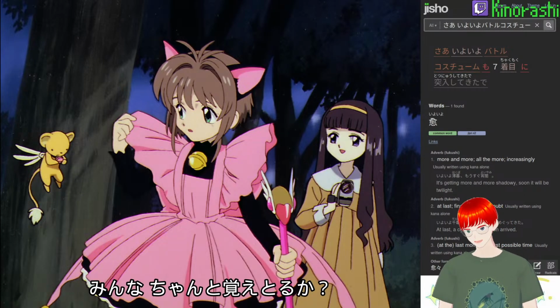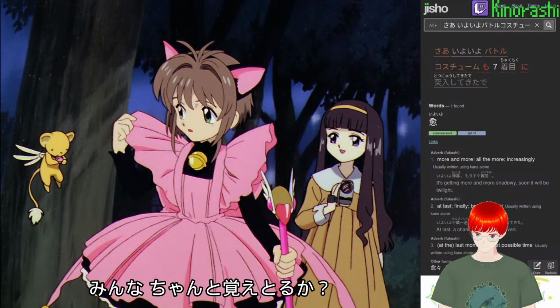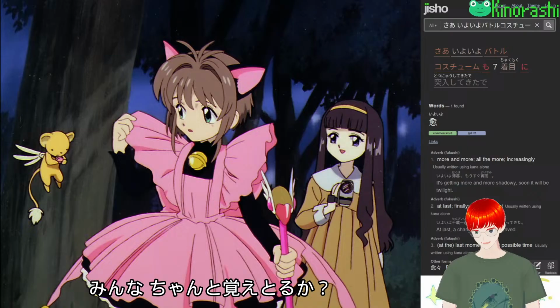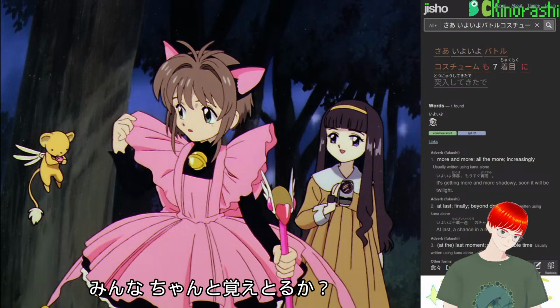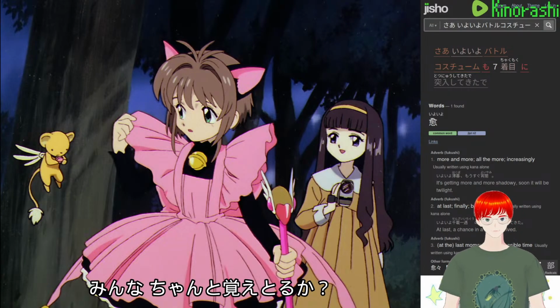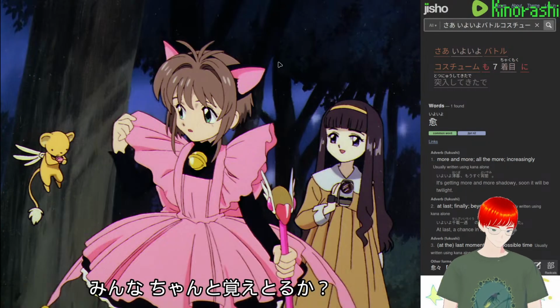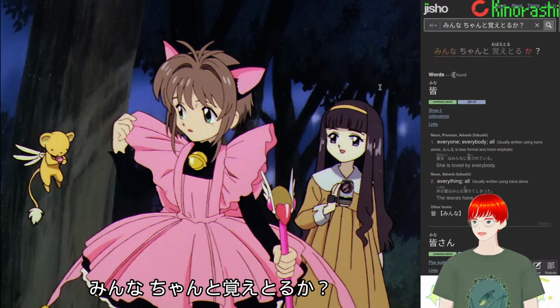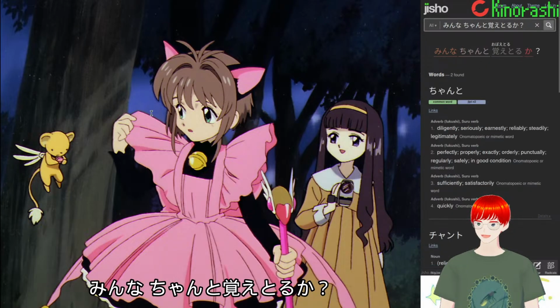Okay, this should be short for a contraction of obote, which comes from oboeru, obote, oru. So in other words, this is the way of doing the continuous form contracted down. So in other words, has everyone properly memorized them all? The battle costumes? Of course.